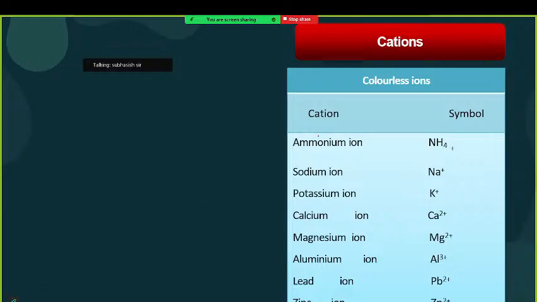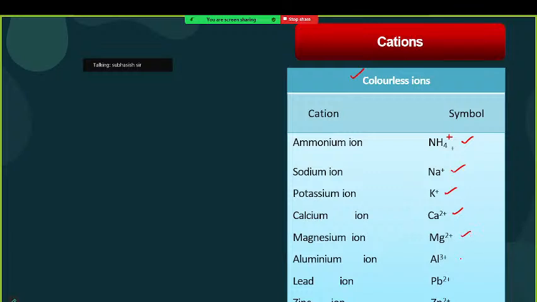Some salts are generally colorless, like ammonium salts, such as ammonium chloride and ammonium sulfate. All the ammonium salts are generally colorless. Also all sodium salts are colorless. Potassium salts are also colorless.